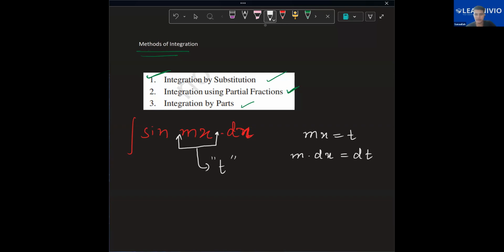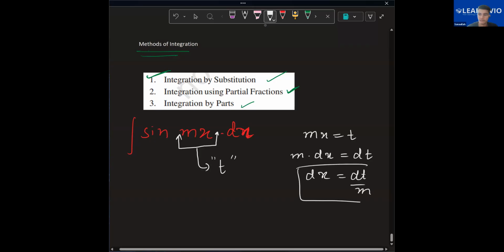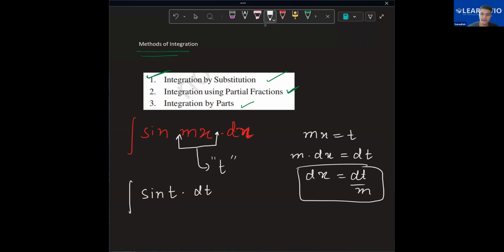So when you substitute something, then your with respect to is also changed. So your dx will be dt over m. So आप dx को change करोगे, when you write sine of t, then you have to change dx also, and your dx is dt by m.